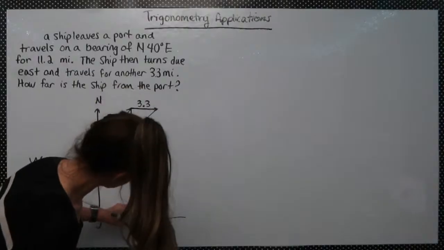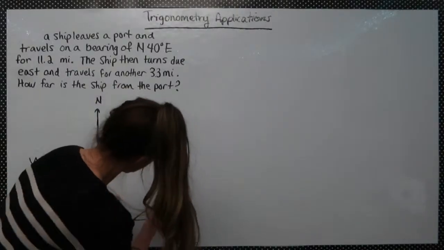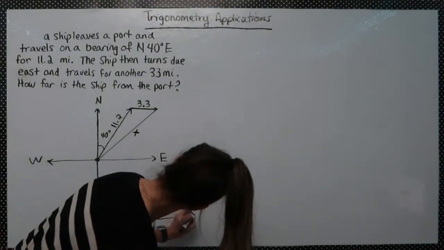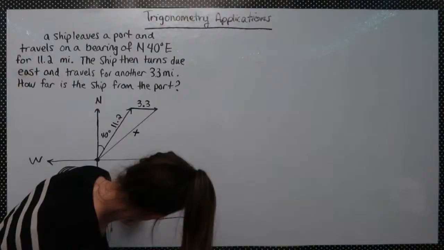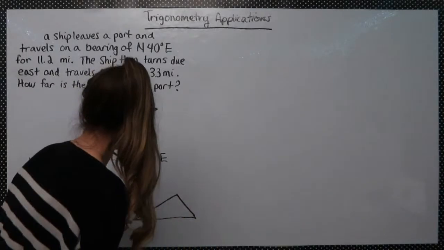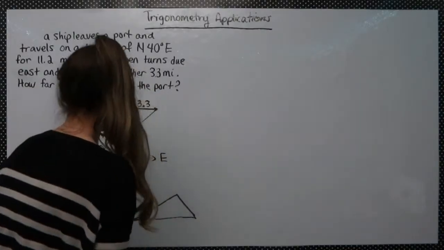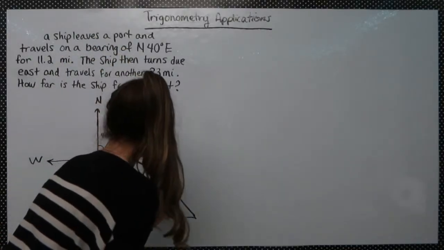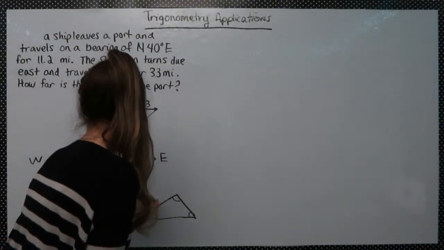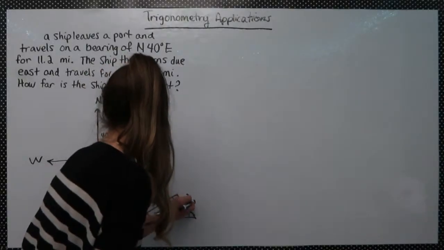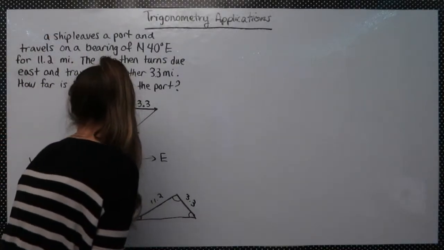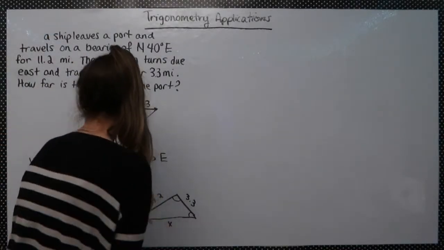Let me try to draw it more to scale. Of course, I don't have the ruler anymore. All right, I think this will do. Got that angle, got that angle, and this angle. We'll call this distance 11.2, this is the distance 3.3, and you're just looking for that distance right there.